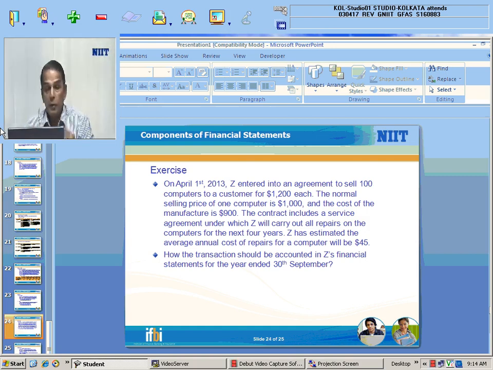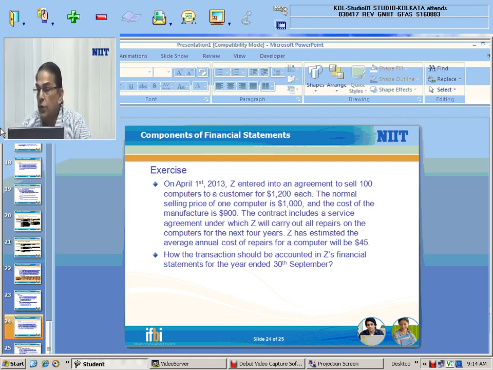On 1st of April 2013, Z entered into an agreement to sell 100 computers to a customer for $1,200 each. The normal selling price of one computer is $1,000 and the cost of manufacture is $900.